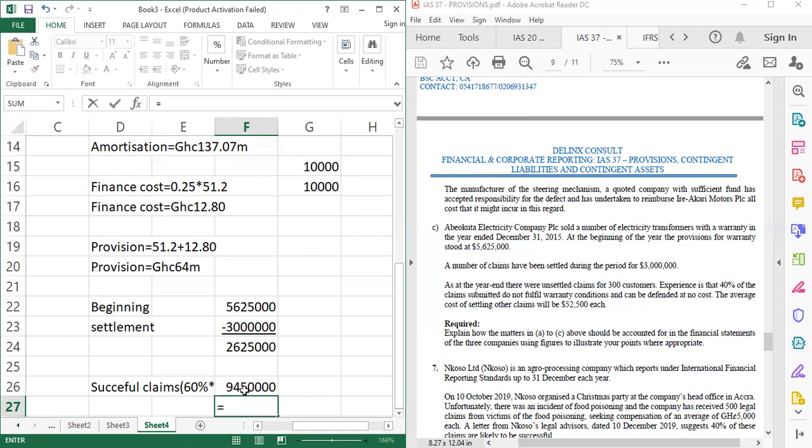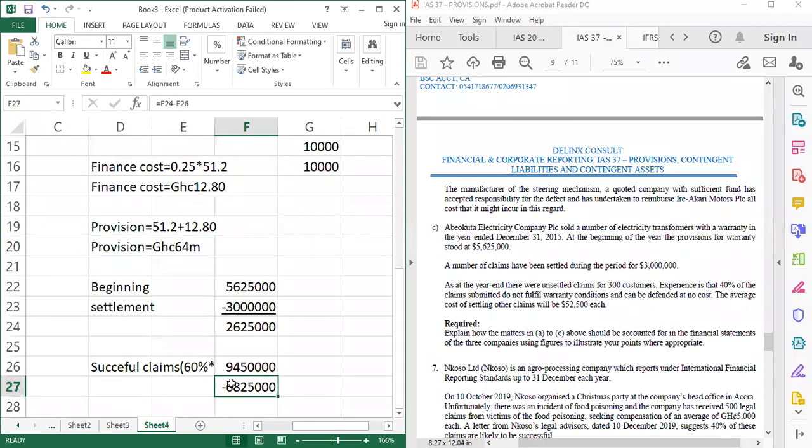Okay, so our new provision now is 9,450,000. But we have a balance in respect of provisions already, so we just look at the difference. This is a provision, so how much has our provision increased by? So what is the increment? Okay, our increment is now 6,825,000.